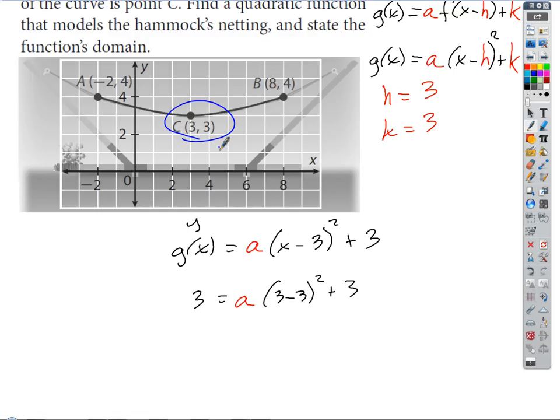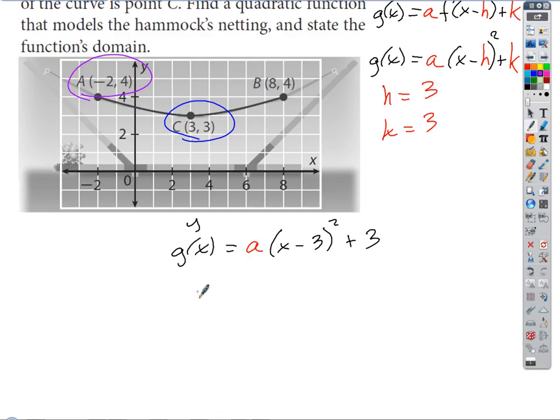Well, which one? This one's got a little bit smaller numbers, so just pick that one instead, okay? So let's try that one then. If I use this guy right here, that's going to give me what?